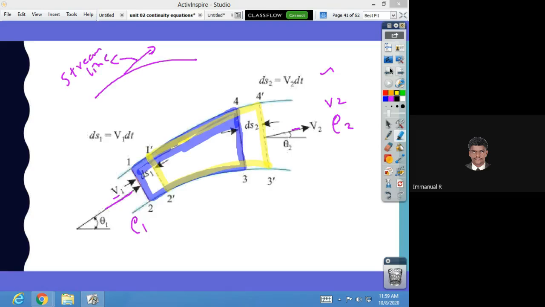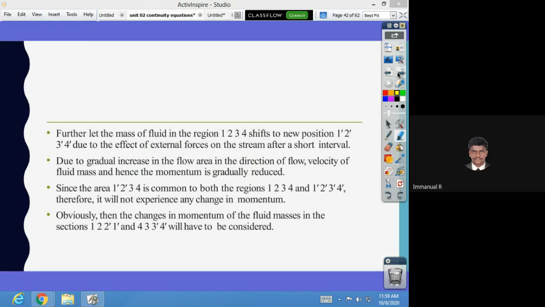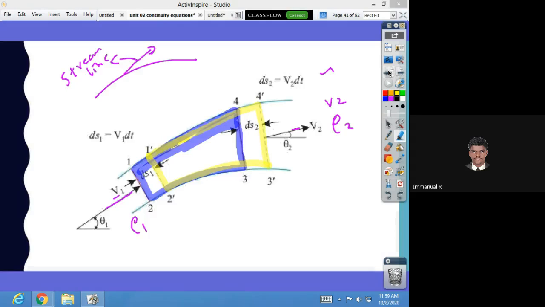Next point, due to gradual increase in the flow area in the direction of flow, the velocity of the fluid mass and hence the momentum is gradually reduced. Here if you see, the cross sectional area gradually increases.